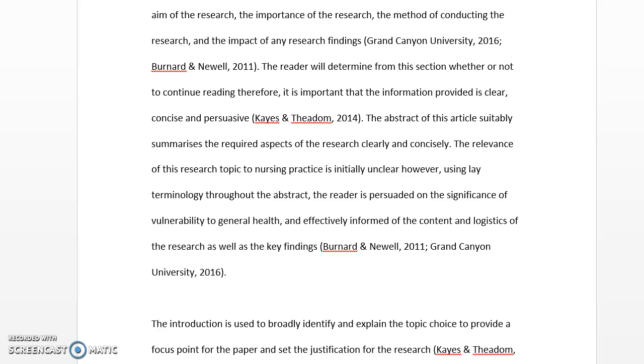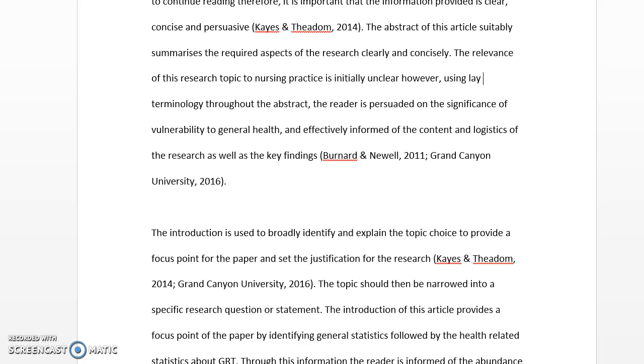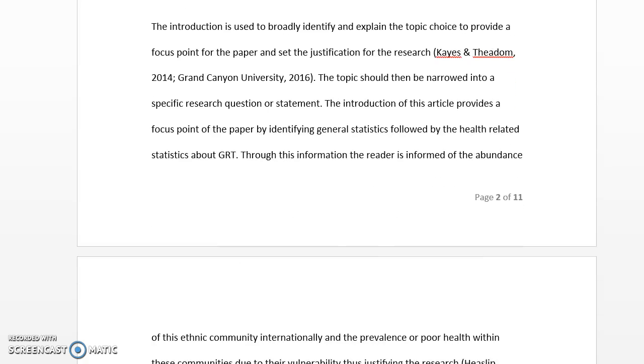However, using lay terminology throughout the abstract, the reader is persuaded on the significance of vulnerability to general health and effectively informed of the content and logistics of the research as well as the key findings. And that is important because effectively, you're looking at vulnerable groups here, and when you go on to look at it, there may be applicability in other contexts. And so this is effectively what that abstract is conveying to that this student got from that abstract.